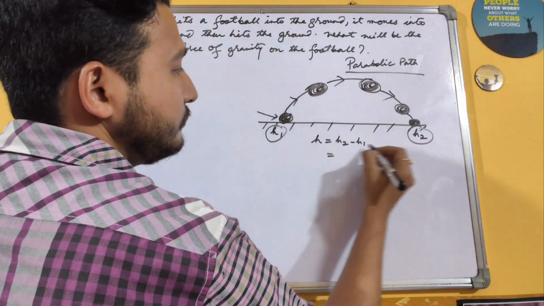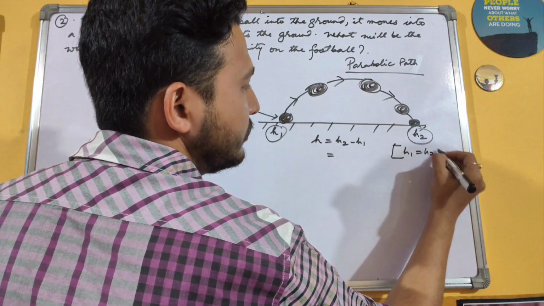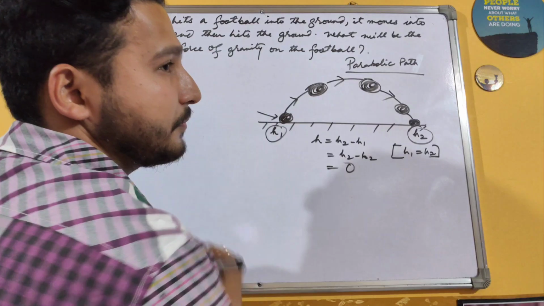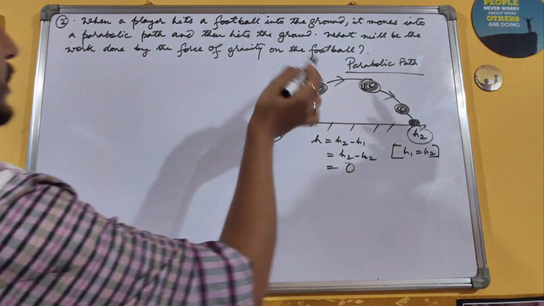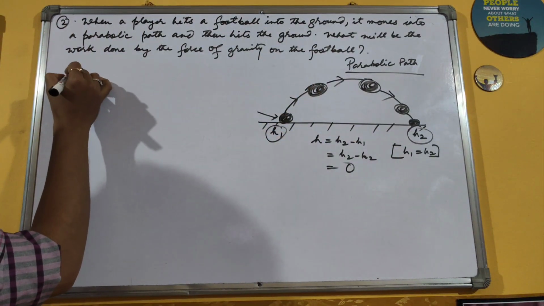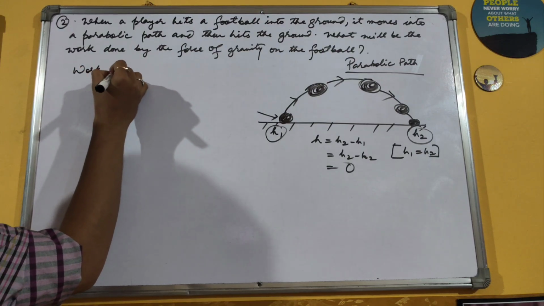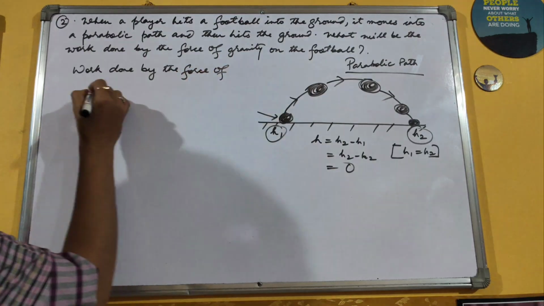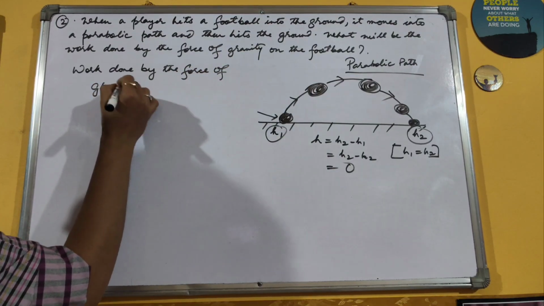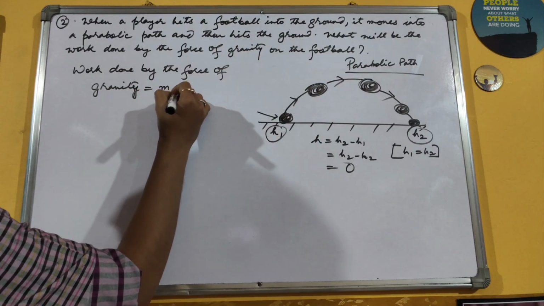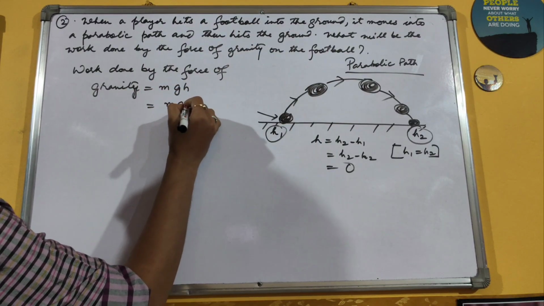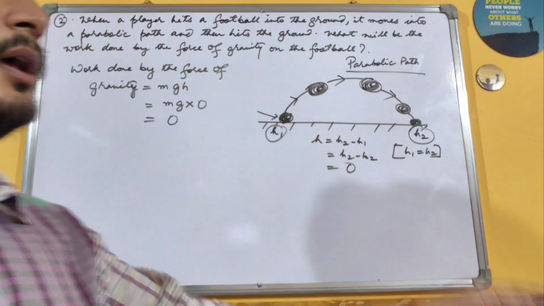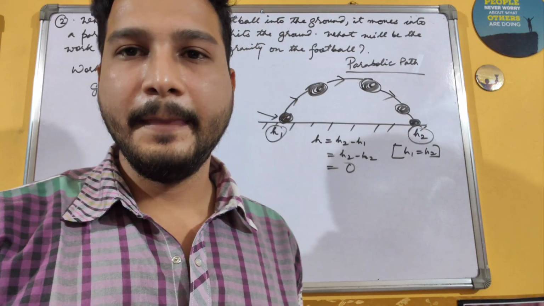Since h1 is equal to h2, you can say h2 minus h2, which is nothing but 0. And now we know that work done by the force of gravity is nothing but mgh, mg into 0, which is 0.